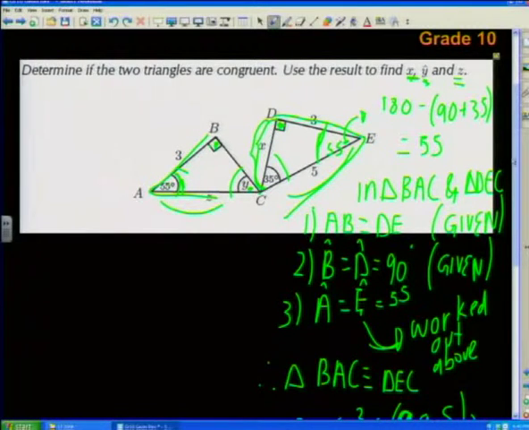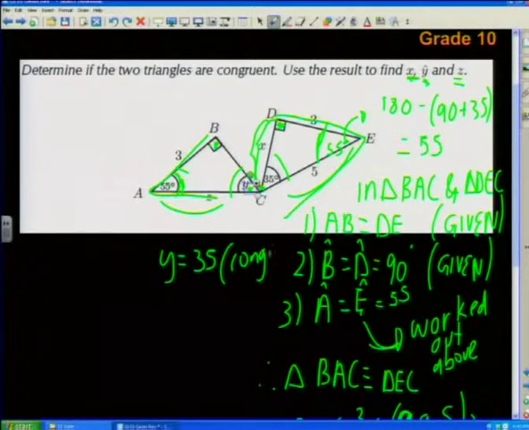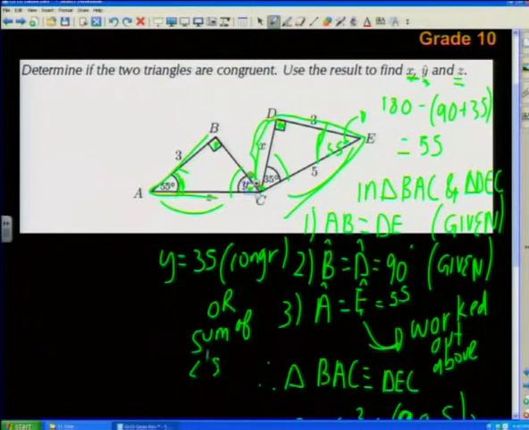So therefore, this angle y should be 35 because of congruency. Or you can do sum of angles of a triangle. So there are two different ways you can do it.